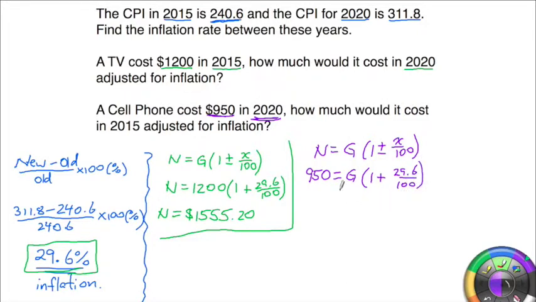So to solve for this, we're actually going to divide this number across. So let's figure out what that number is first. So this would be G times 1 plus 29.6 divided by 100, or 1.296. And then to solve this, we would just take both sides and divide by the number next to the letter.